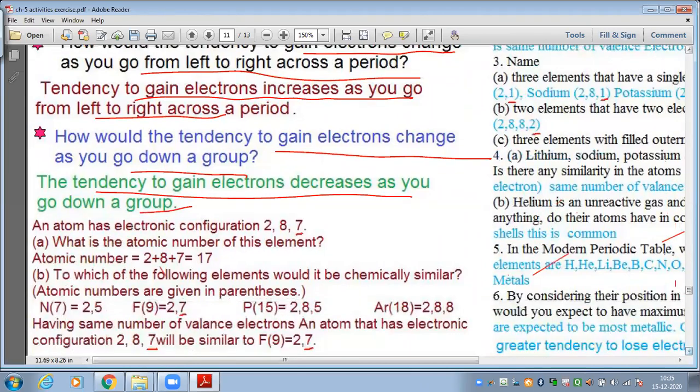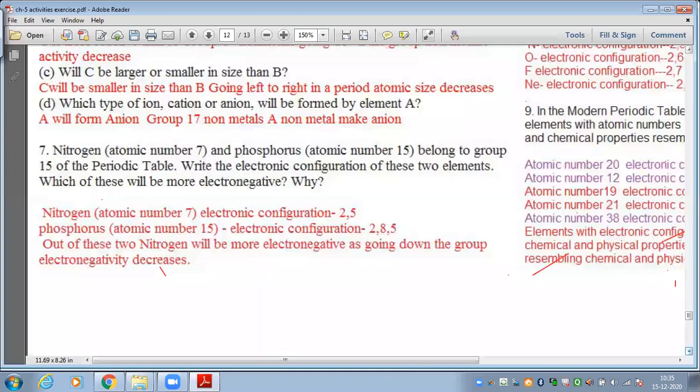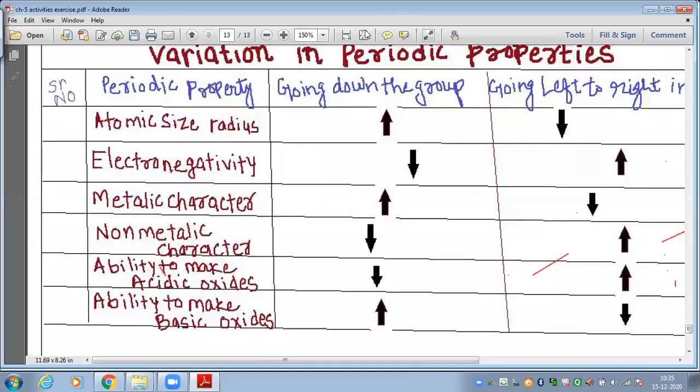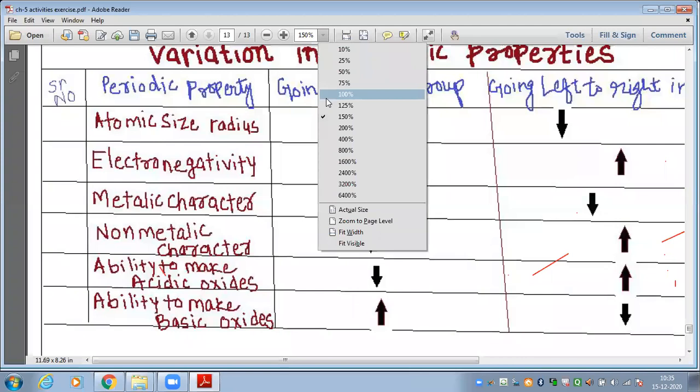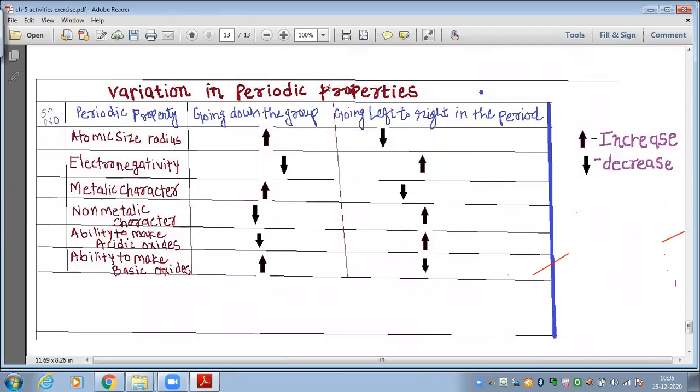So whatever the various factors that we have studied, let us summarize them, and we can easily understand the various properties. Here you can see the various periodic properties explained in the form of increasing upside arrow and decreasing downside arrow.